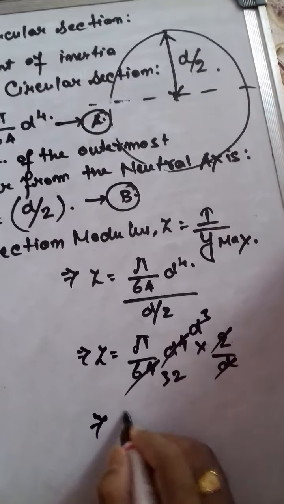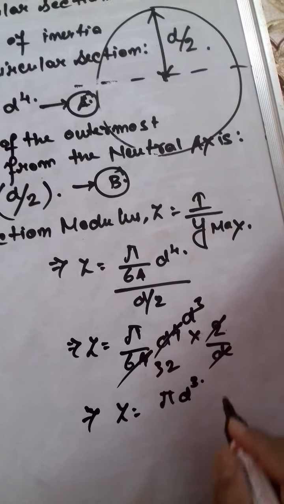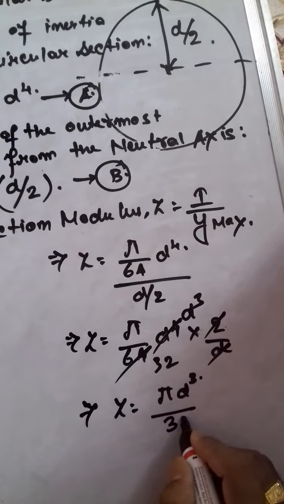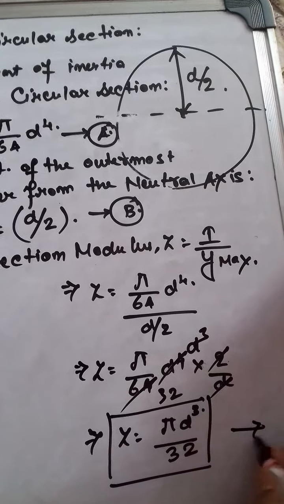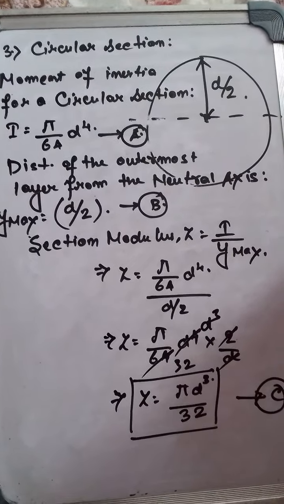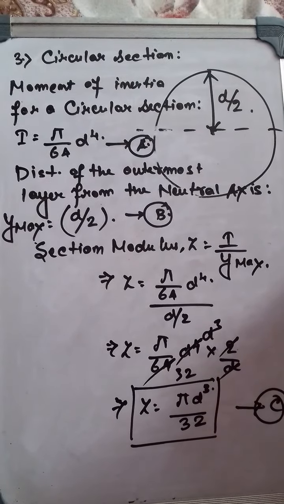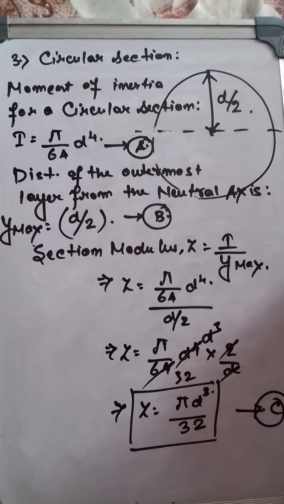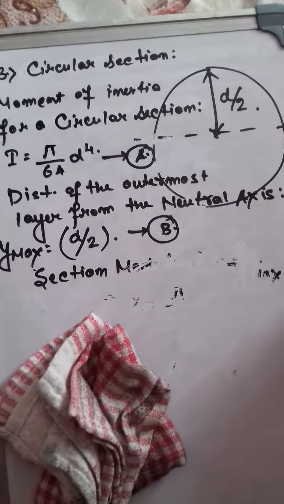So Z is equal to pi d cube divided by 32. So this is the section modulus for a circular section, I divided by y max. So I hope there is no problem in understanding the section modulus for a circular section. Okay, now let us do it for a different section.